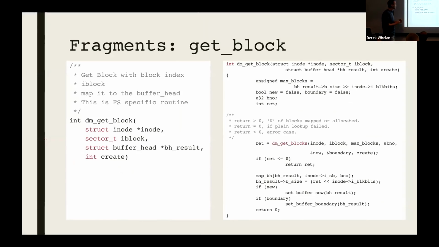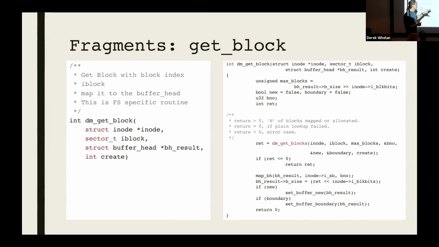Going to the get block, as I said, we have inode, iblock, index, and buffer head, which is basically the result. We would like to map the block that we found on the disk to this buffer head, which is basically the buffer cache for the file. And we also have a flag for whether we need to create the blocks, or whether those blocks should already be on the disk, so do not create them.